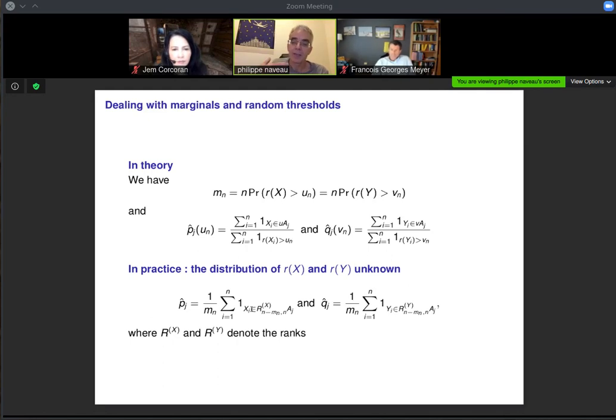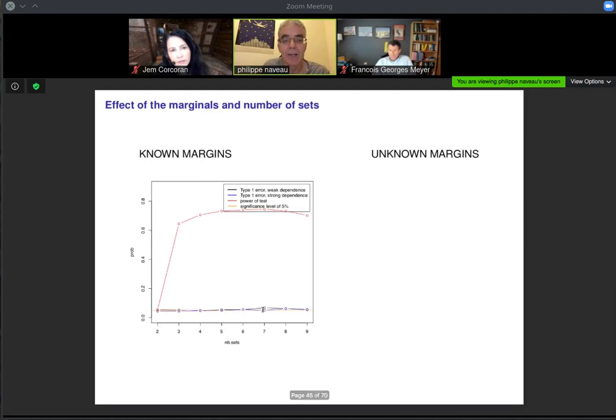So I have fixed this problem of not knowing R of X and R of Y by using the ranks. But there is a price to pay for that. It means that the theory is going to be much more complicated after that. Is it a big deal in practice?